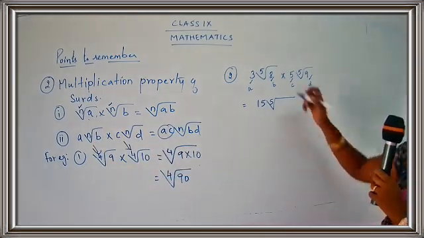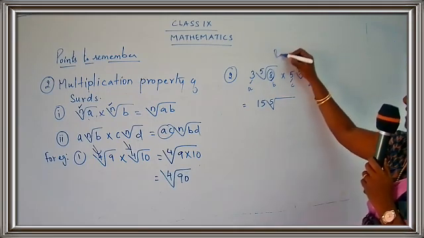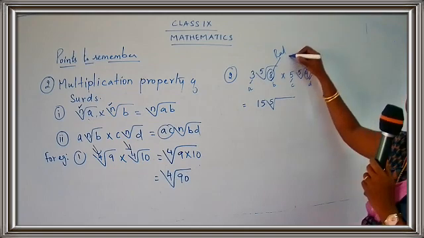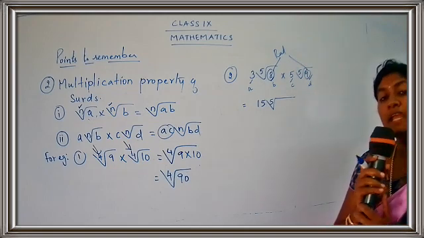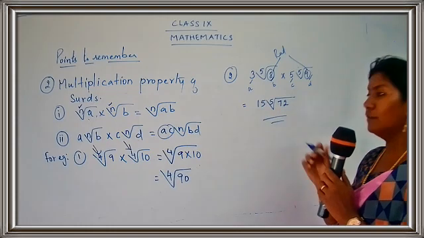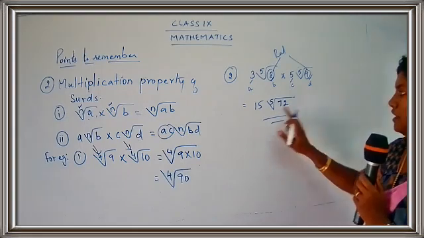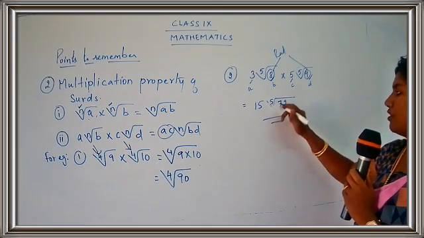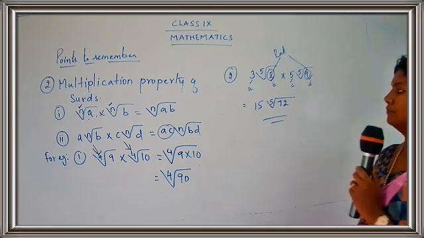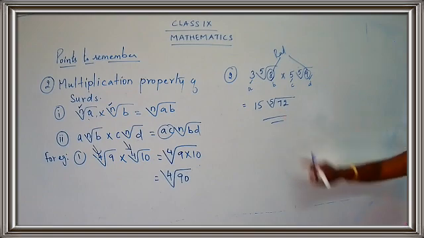Multiply the radicands. The radicands are 8 and 9. What is 8 into 9? 8 9s are 72. So the answer is 15 fifth root of 72. Do not write them together, just give some space. 15 into fifth root of 72.